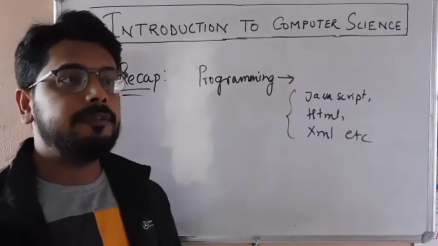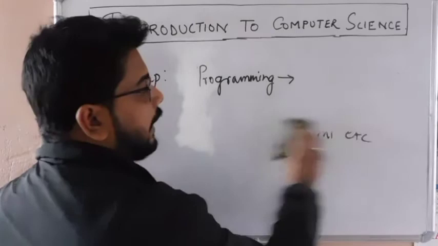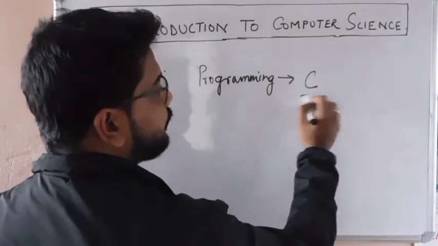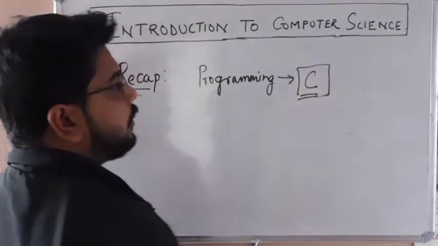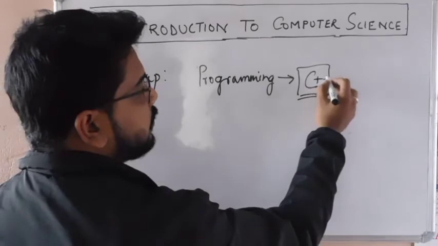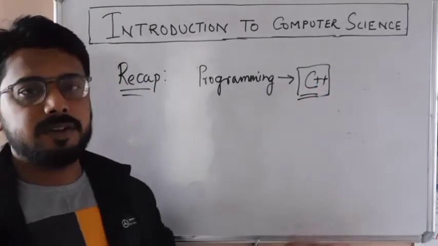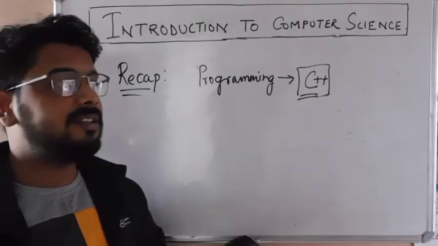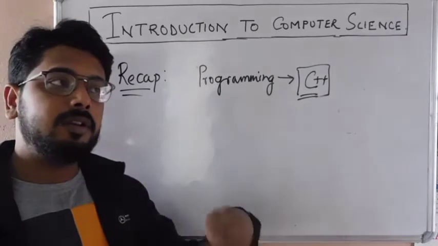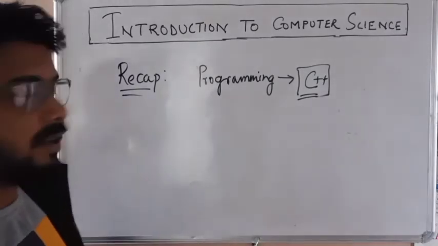But if I would suggest that you want to begin programming, you should begin with a language which is very basic and initial, that is C. So in our course we shall be beginning with C++. No need to be afraid. C++ is just the more advanced version of C, one step ahead of C, and if you learn C++, you will be able to learn the further languages very easily.